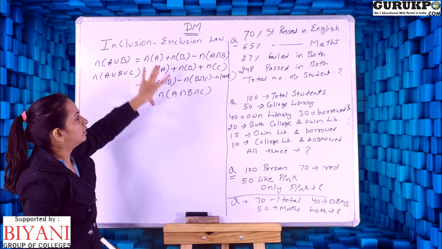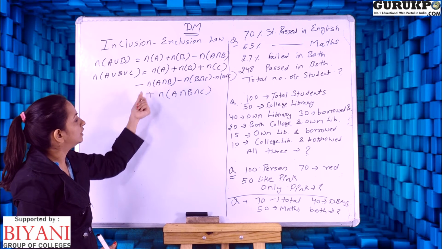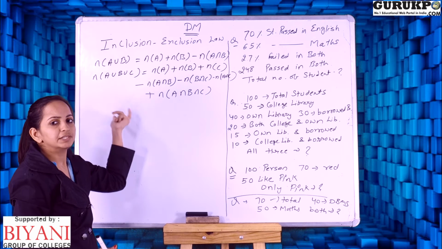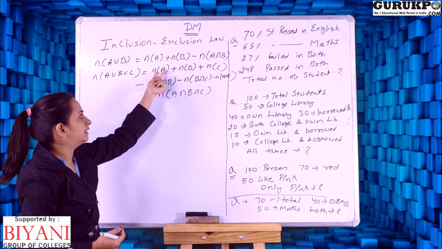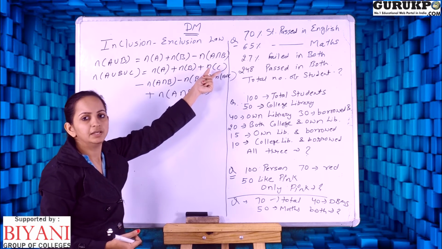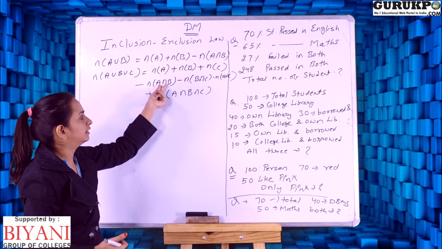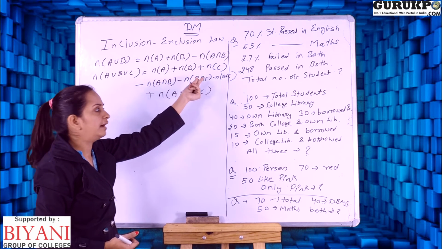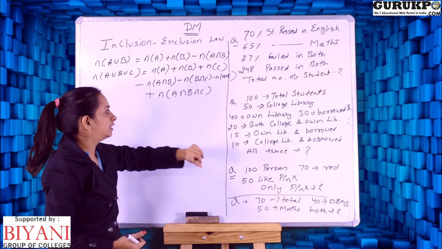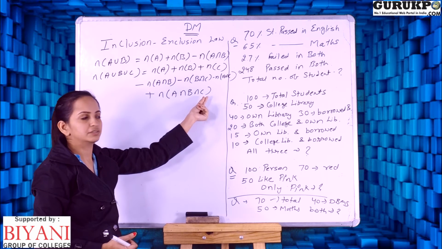That's why the name is called inclusion and exclusion, because in this law we include some of the terms and we exclude some of the terms. We are including the terms with one set, n of A, n of B, n of C, and we are excluding the terms with pairs of sets, A intersection B, B intersection C and A intersection C, and again we are including the term with three sets, A intersection B intersection C.